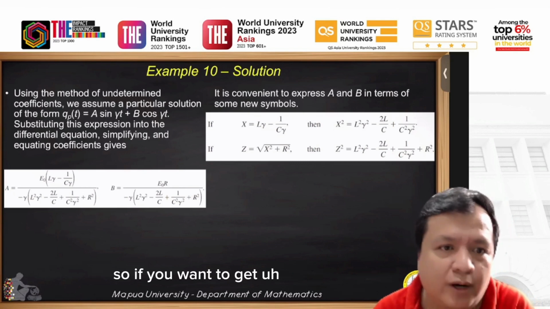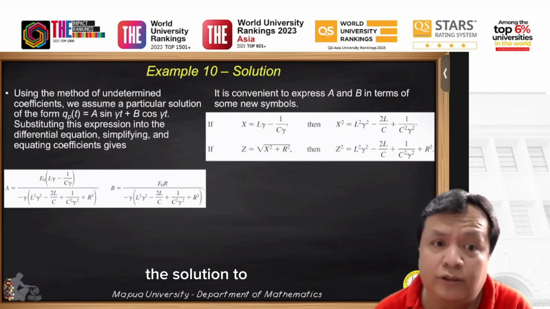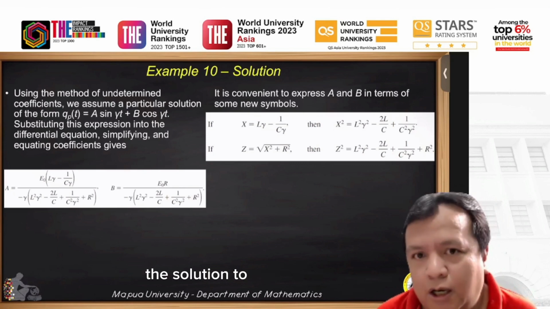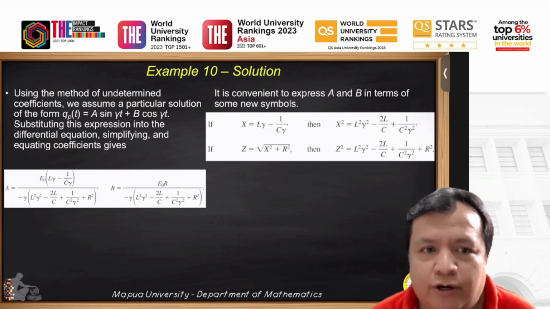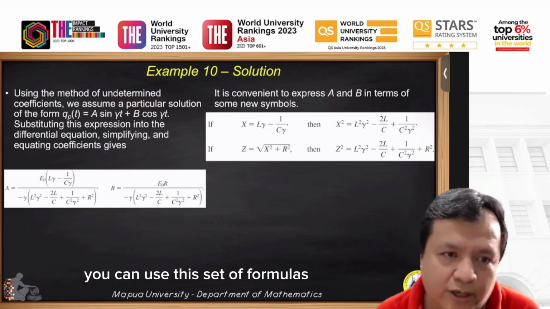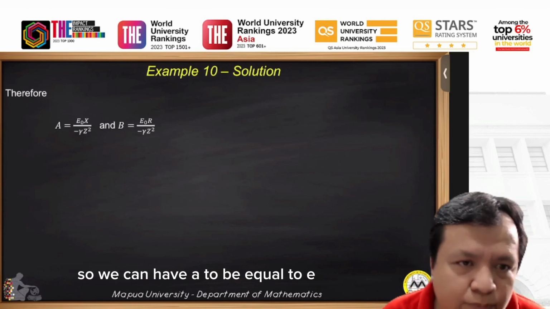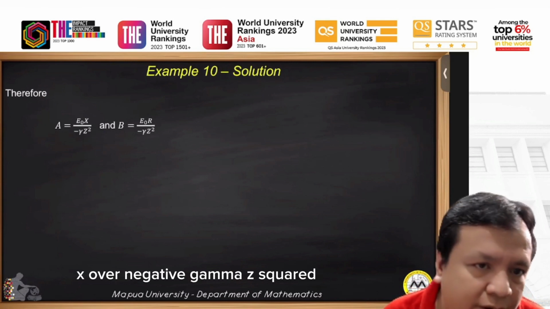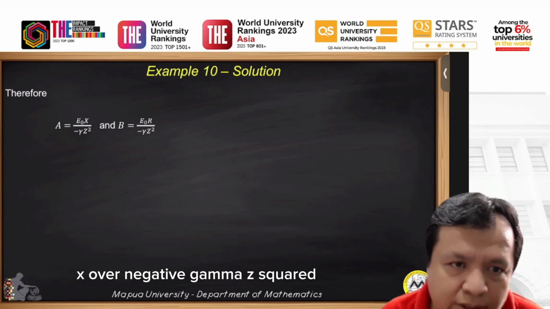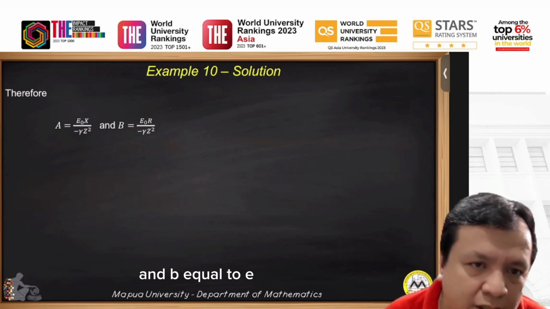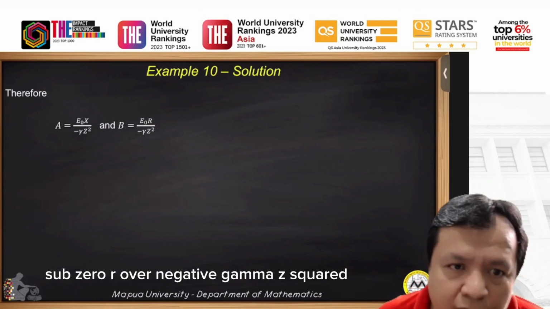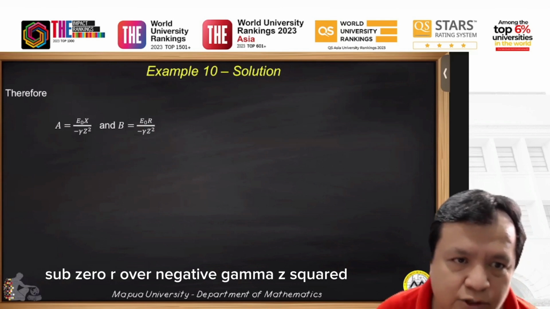So if you want to get the solution to a network problem for an LRC circuit, you can use this set of formulas. So we can have A to be equal to E sub 0 X over negative gamma Z squared and B equal to E sub 0 R over negative gamma Z squared.